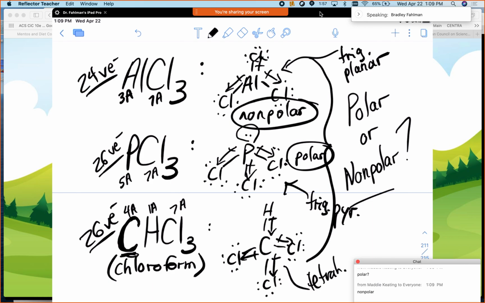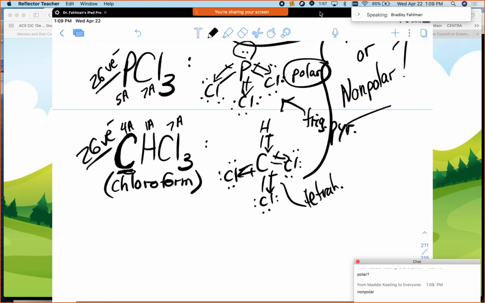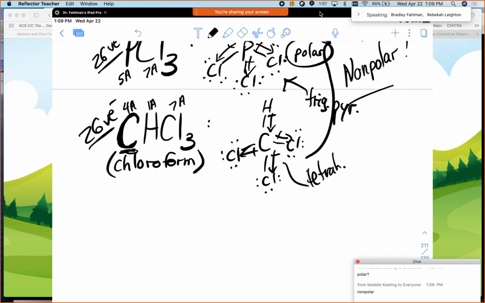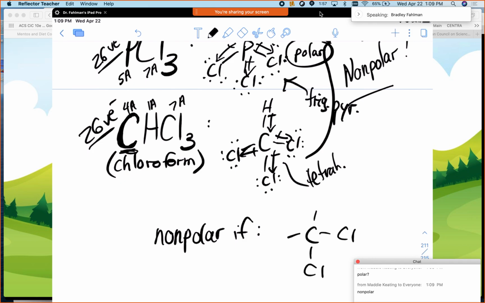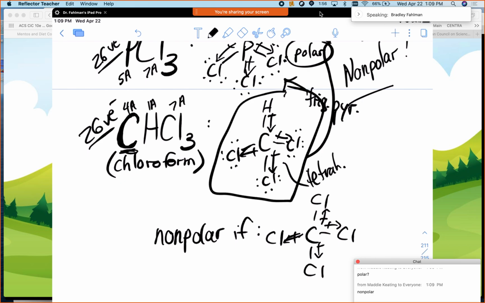So tetrahedral, what do you think about this one? Chloroform, before I say anything, any ideas? Nonpolar? It would be nonpolar if it were symmetric, right? If you had four chlorines around it, then all of those would cancel. But notice that the hydrogen does something to it. Is that what makes it polar?